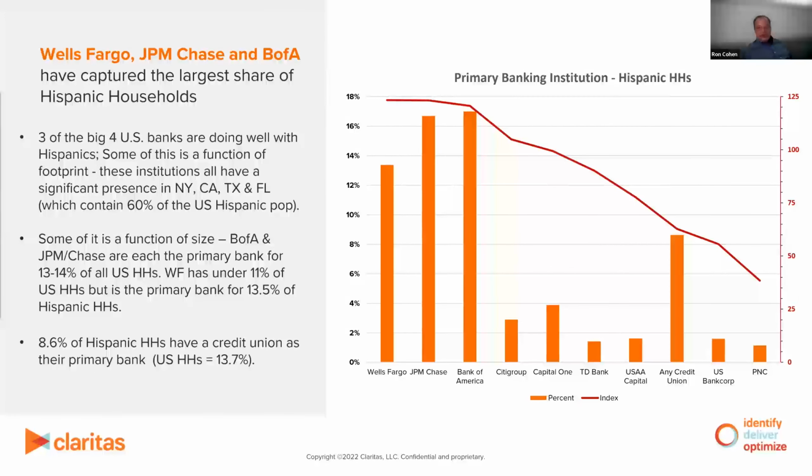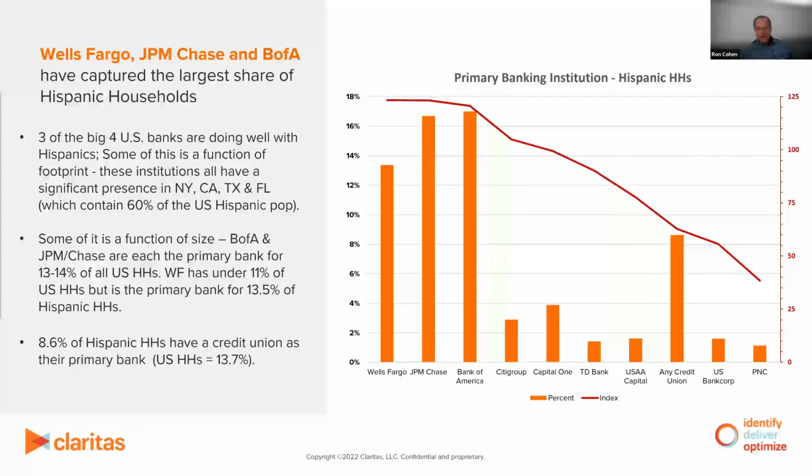Some of it is just size. They're huge. That's why they're the big 4, right? I mean, Bank of America and JP Chase, they are the primary institution, self-reported, for about 13-14% of all US households. So it's kind of like a big net. Naturally, you're going to get a lot of Hispanics too. You're going to get a lot of everybody. Wells Fargo is interesting.